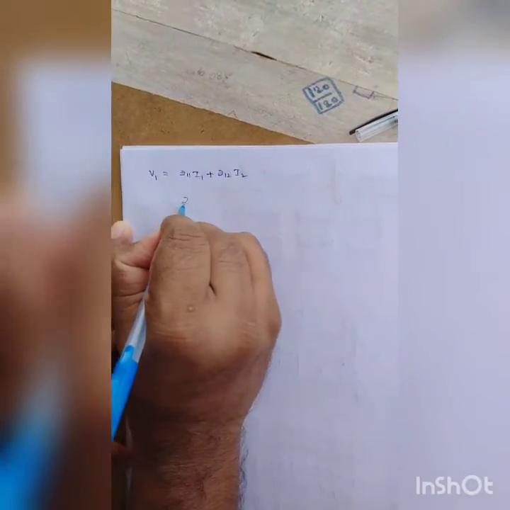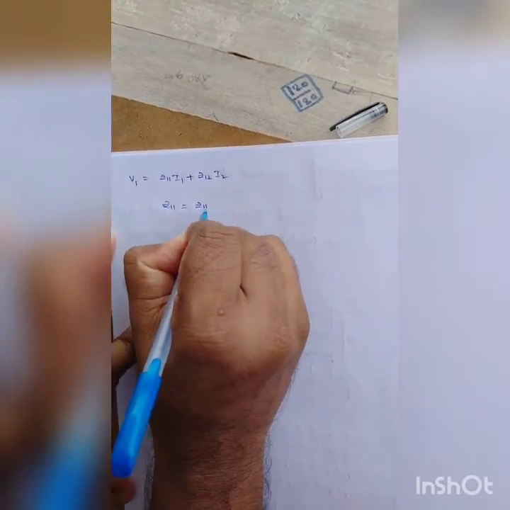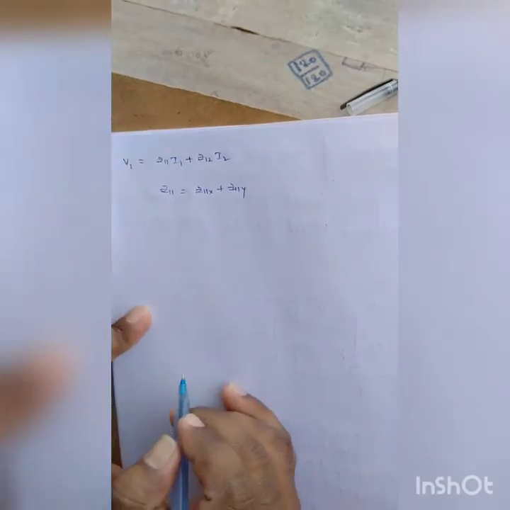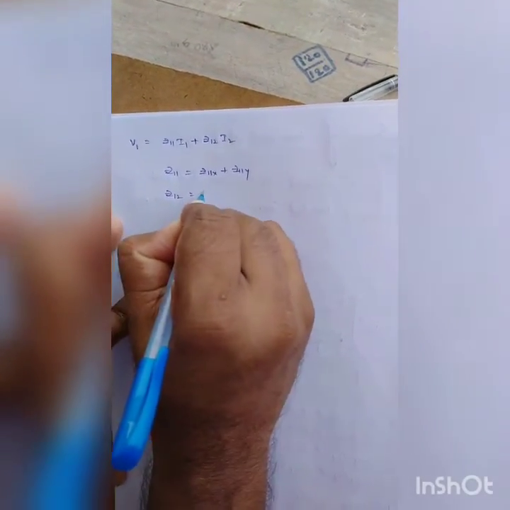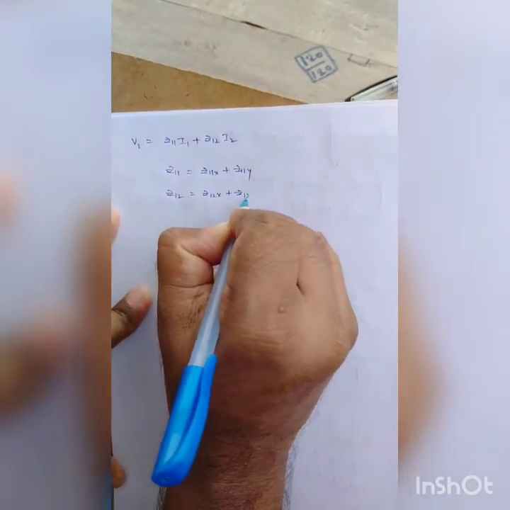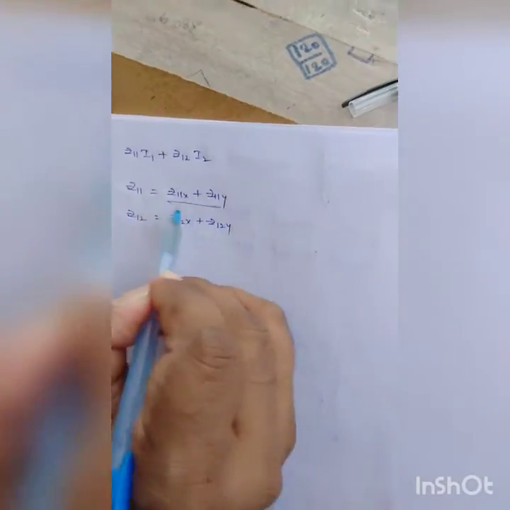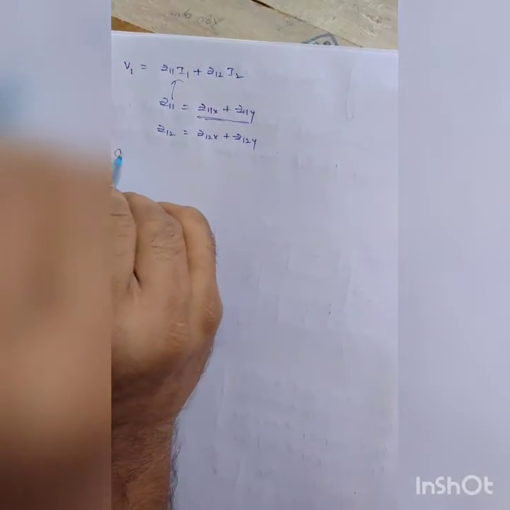Because Z11 is nothing but Z11x plus Z11y, and Z12 is nothing but Z12x plus Z12y. These two values are substituted in this equation, the V1 value.